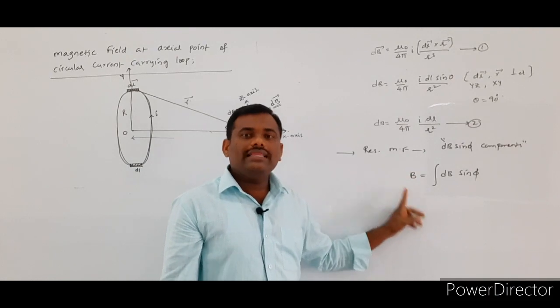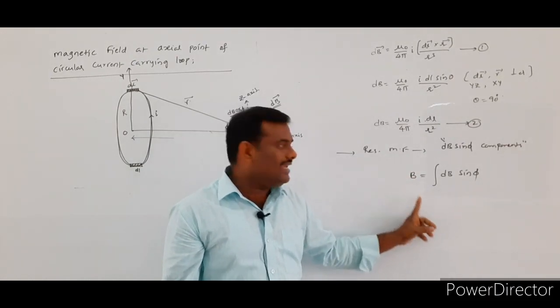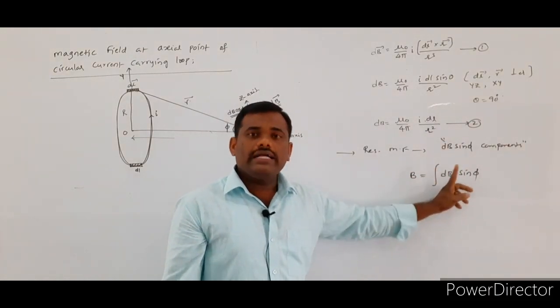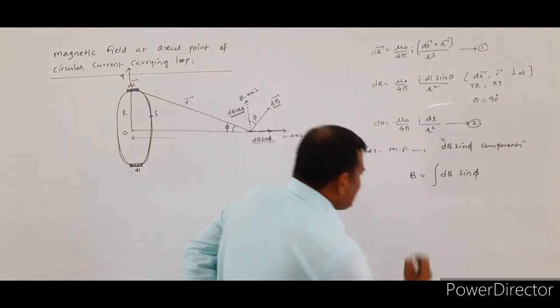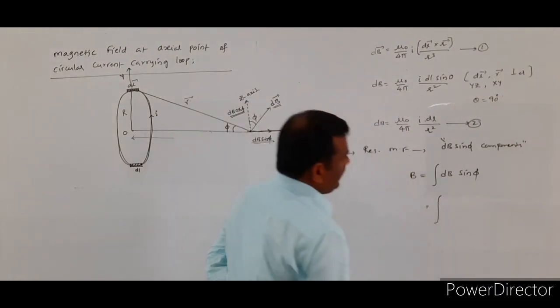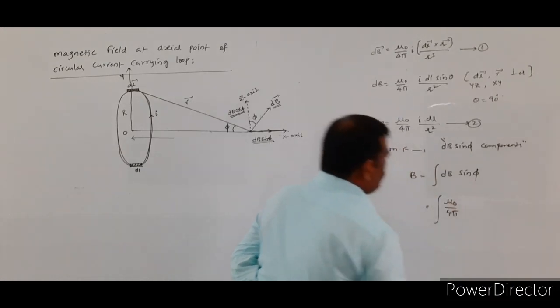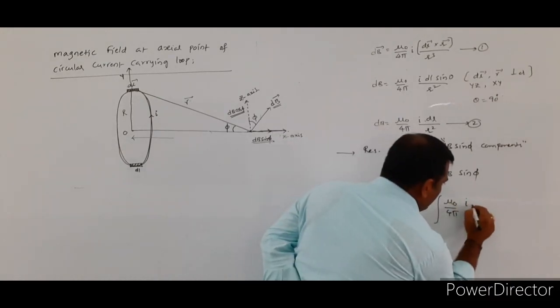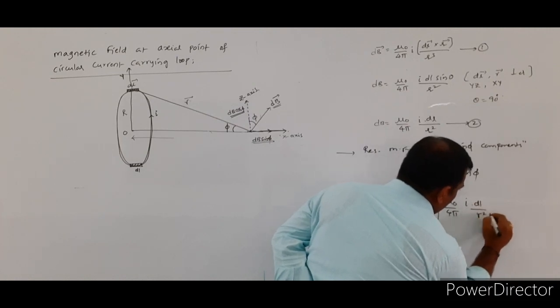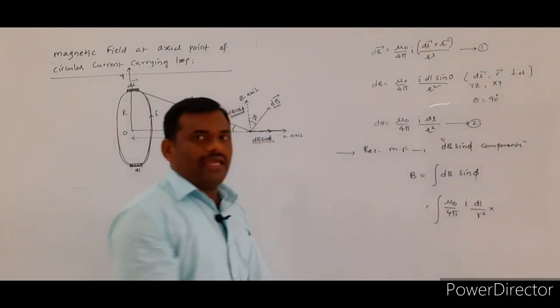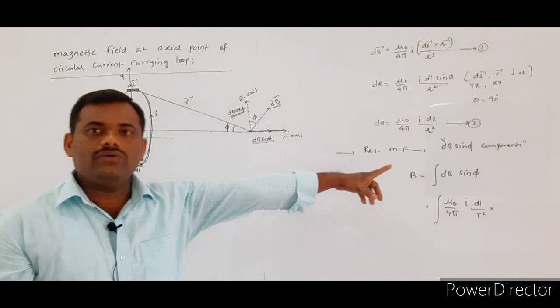That's why I wrote the resultant magnetic field intensity B is equal to integral of dB sin phi. The dB value is equal to mu naught by 4 pi I into dl by r square. Sin phi value I needed.